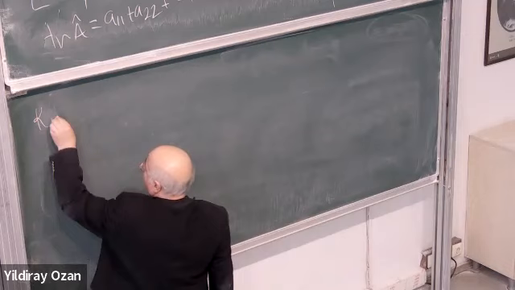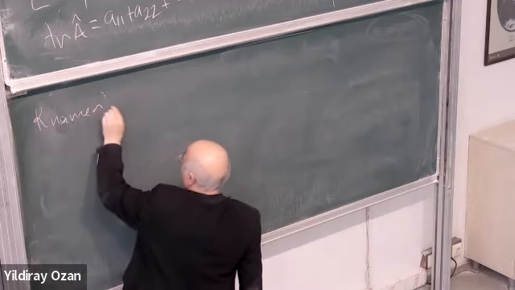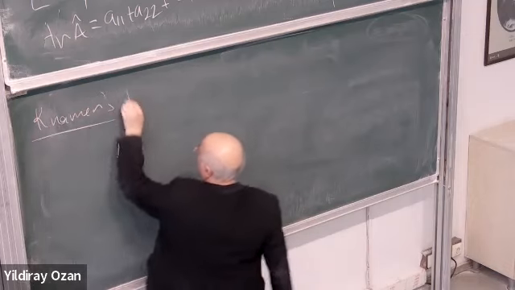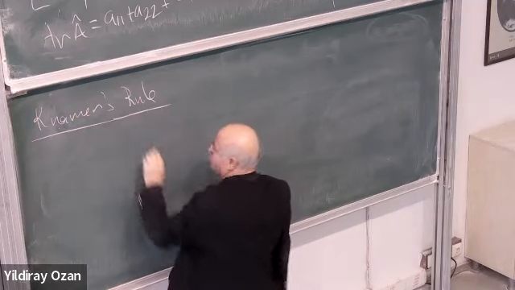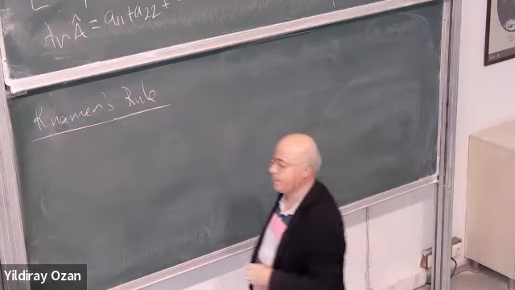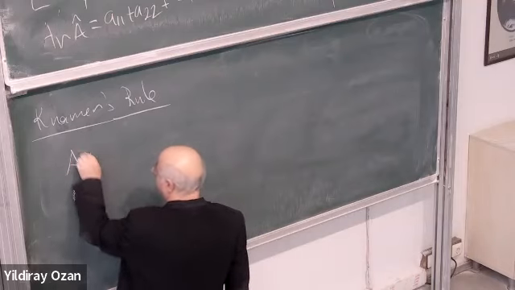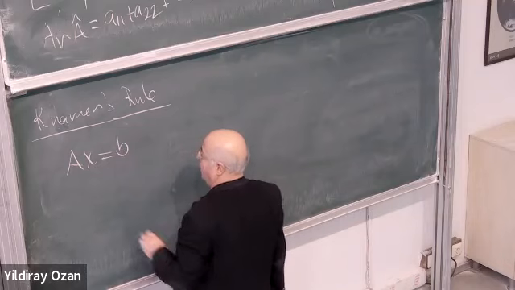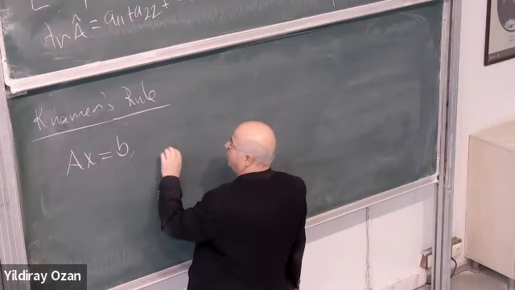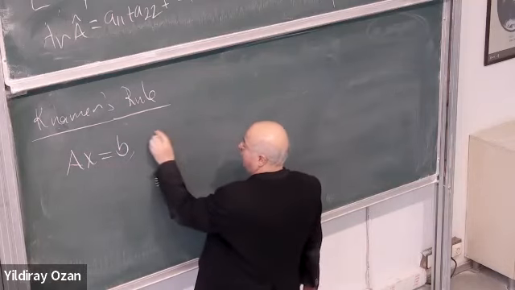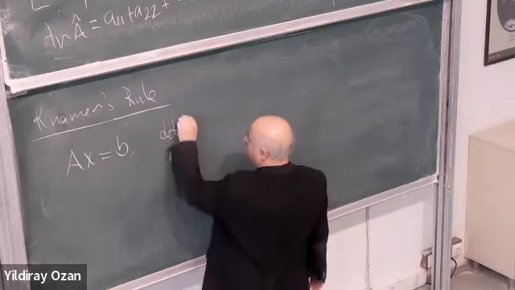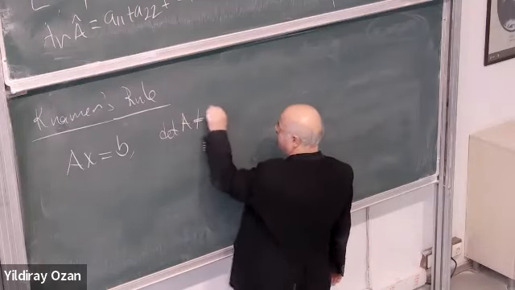Last time we also talked about Cramer's rule. What was it? Suppose we have a matrix equation like this, a system of equations, and suppose A is invertible. In other words, the determinant of A is not 0.